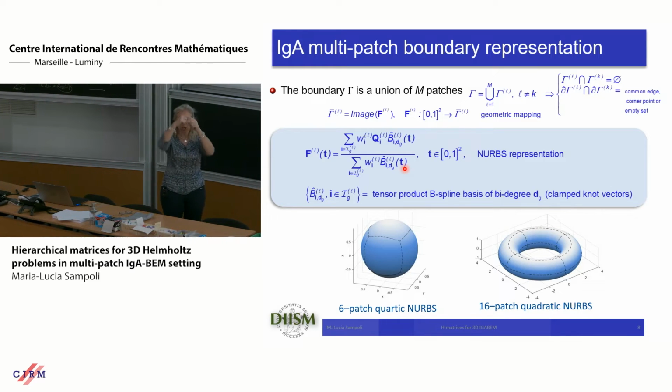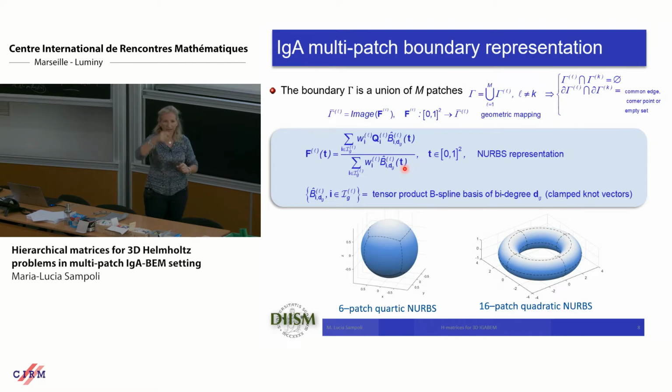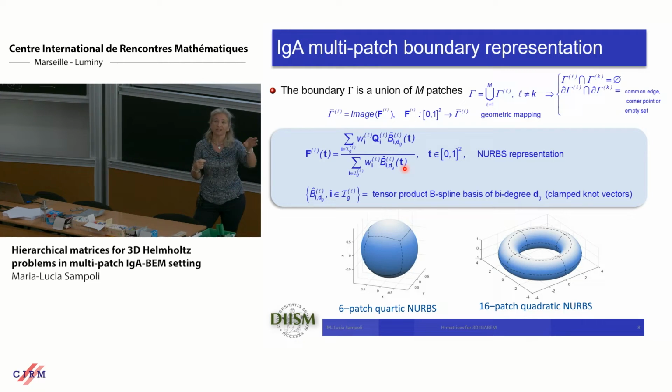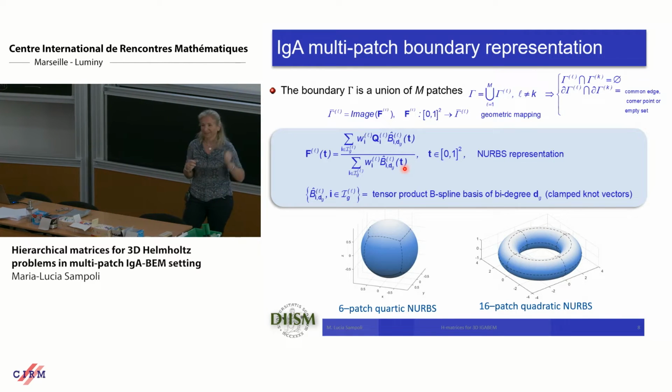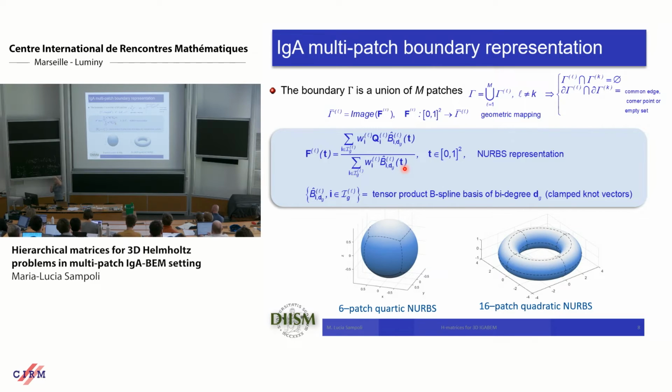Sometimes you see these like quarters, but in this way you have some singularities, and even if engineers try not to speak about these points, in these points you have a singular parametrization, and this will affect also the accuracy of the solution.